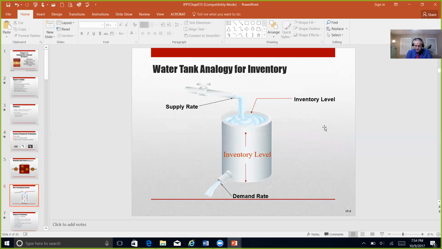What it's trying to get us to realize is that the tank corresponds to an overall company inventory level. The rate of flow coming into the tank is the supply rate of inventory coming into the inventory level, or the water tank. Then you have the demand rate, which is what's going out of the inventory level.